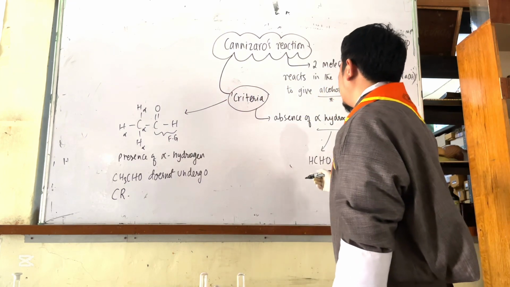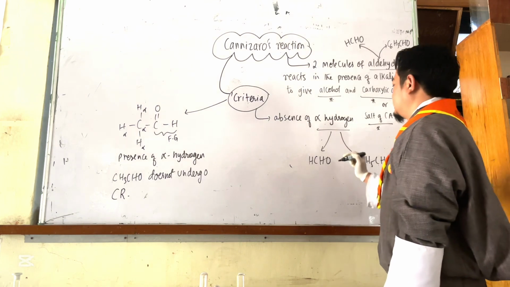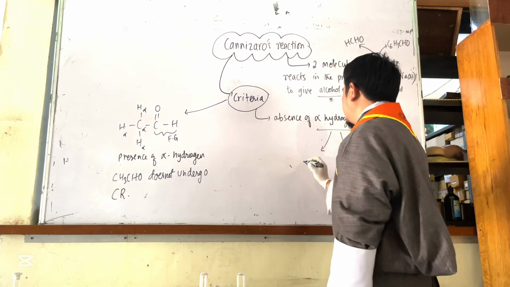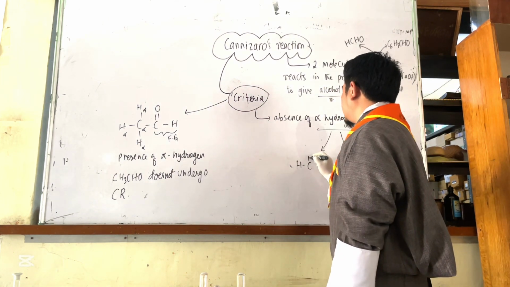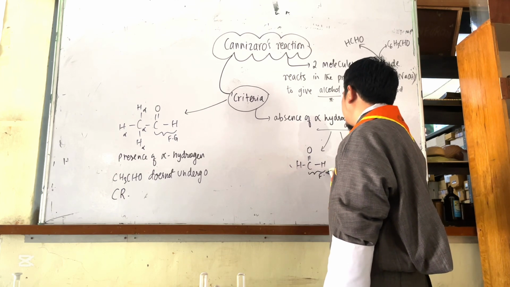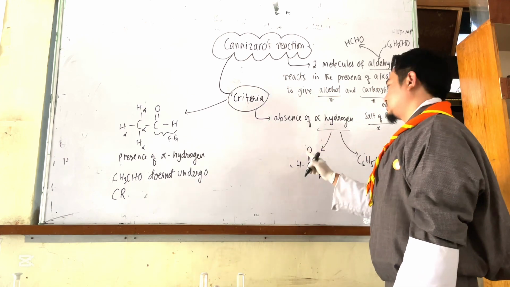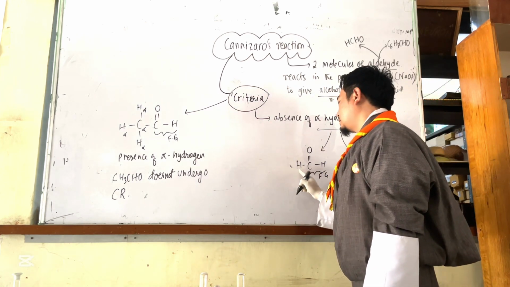Whereas if you look at the structure of formaldehyde and benzaldehyde, let us look at this structure. Formaldehyde is like this. So this itself is a functional group and does not have the alpha carbon here. So since it does not have an alpha carbon, there is no alpha hydrogen.